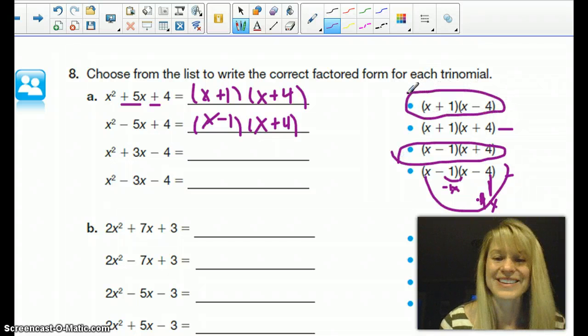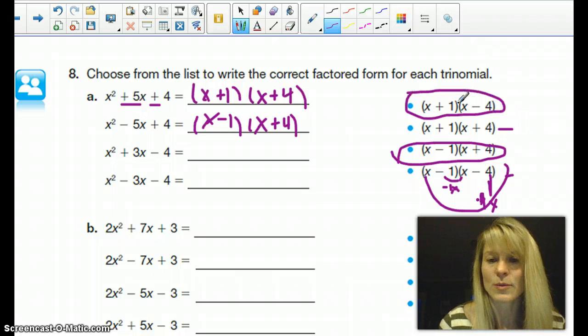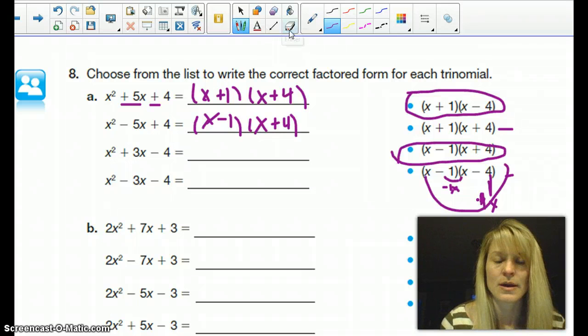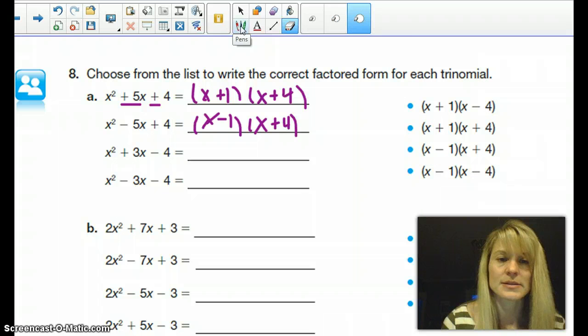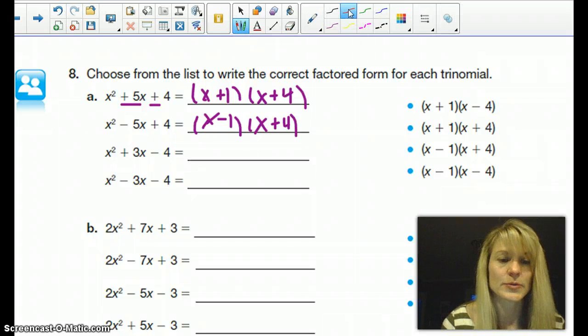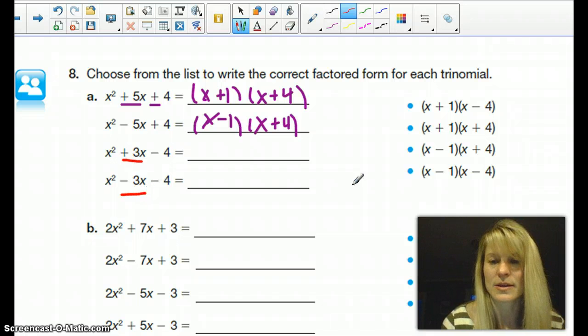So automatically when I look at this, I know when I multiply my constants, they're going to give me negative 4, right? So I want to look at my center terms here. Looking at the center terms, this one was positive 3x, and this one's negative 3x. So I know when I multiply these two, I'm going to get negative 4x.